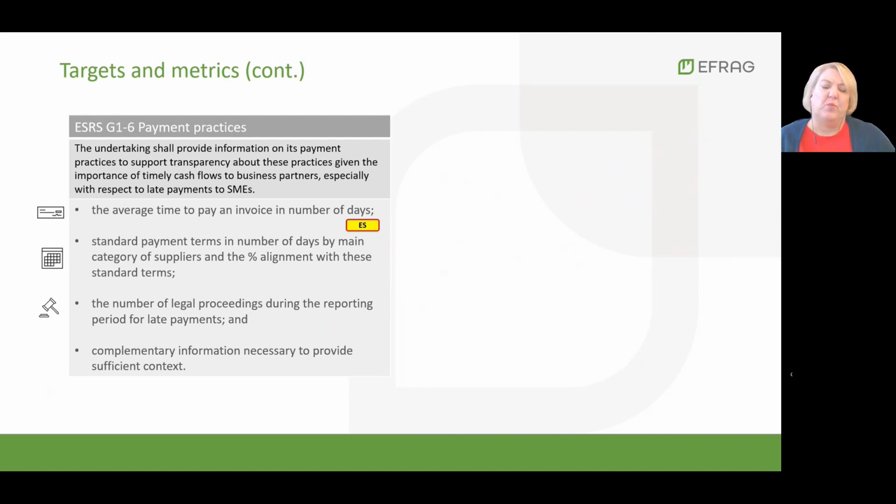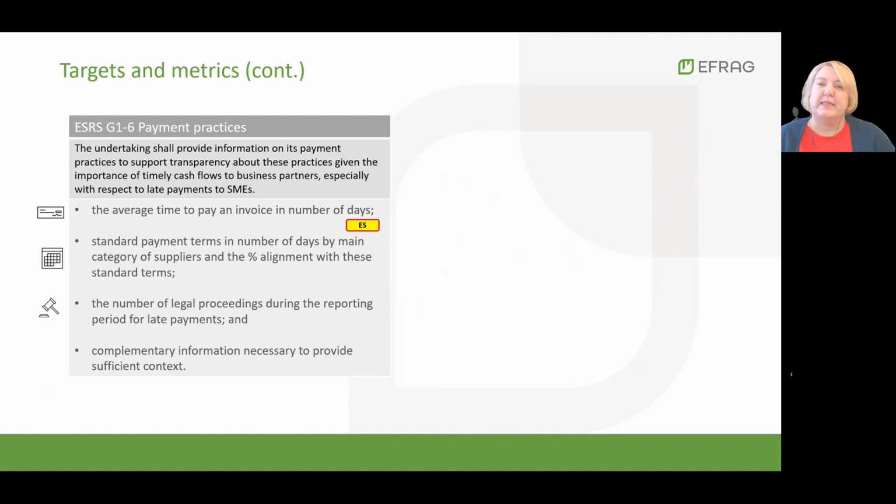For example, we've had some people who are very concerned that if you have a consolidated number, this might not be a fair reflection of, say, your payment practices in your home country or in Europe, because you will have to take the numbers from all your subsidiaries.